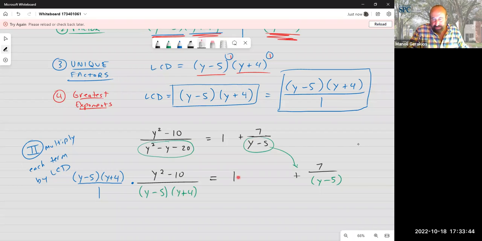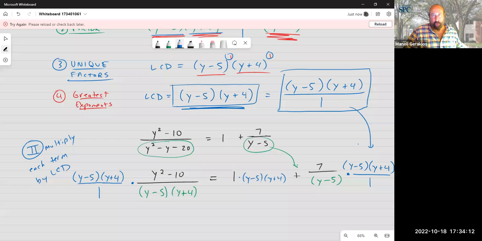So we multiply this 1 by this version of the LCD, which is y minus 5 times y plus 4. Then we have to multiply this whole term by the LCD. This guy is a fraction, a rational expression, so I multiply it by the fraction form of the LCD.